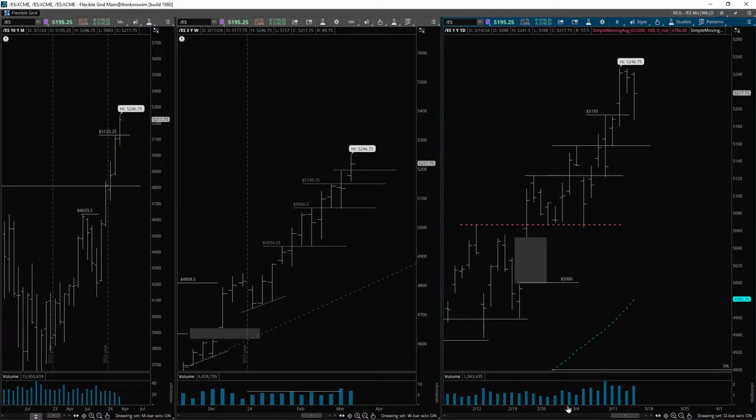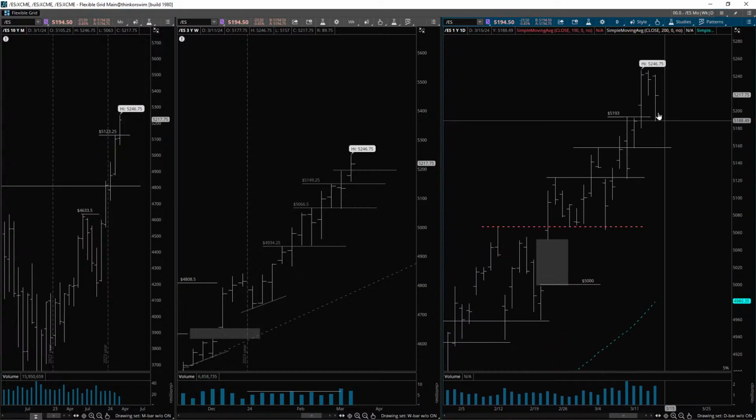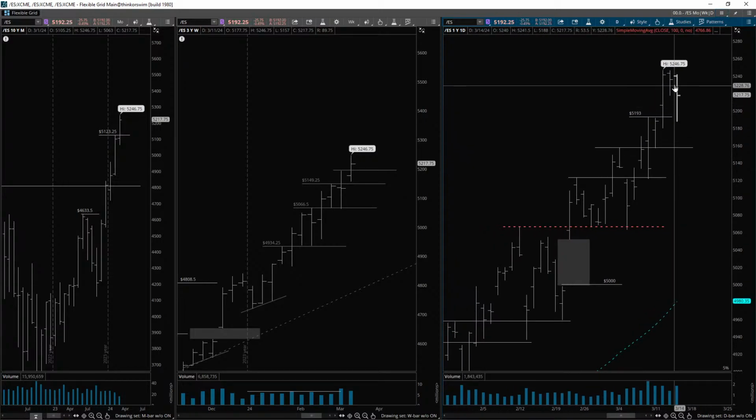Now, yesterday we were talking about how crazy this day would look if the market made a new high. I guess it was here, somewhere in here. If the market took the daily high, it would have left a really impressive buying tail, and that would have been a sign of strength in a really strong market.